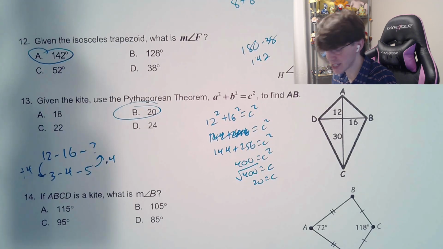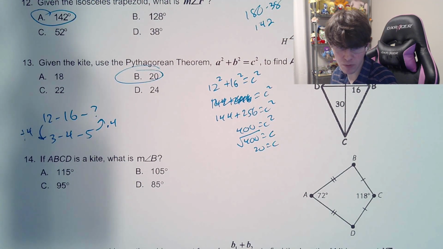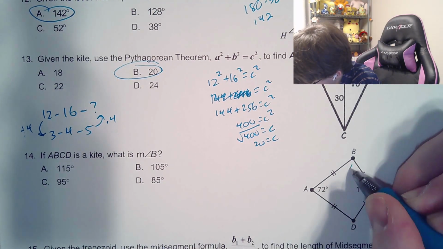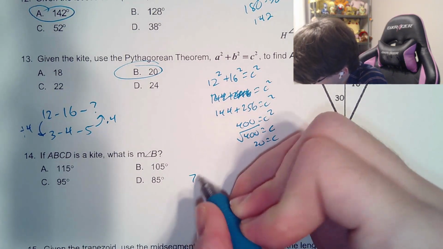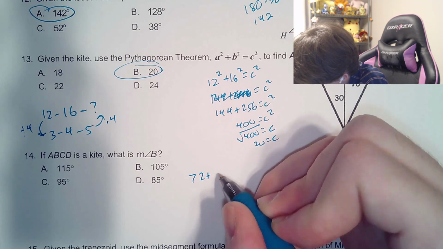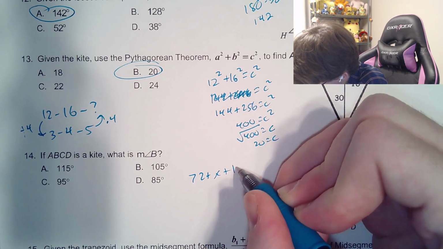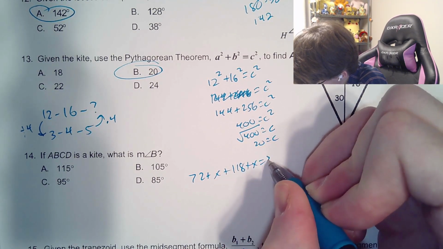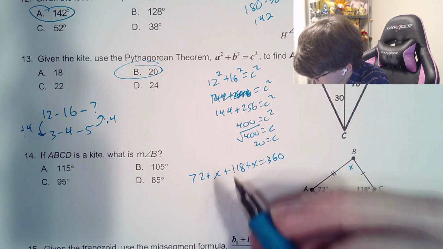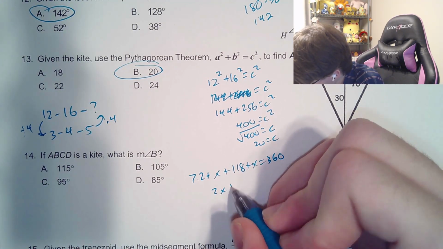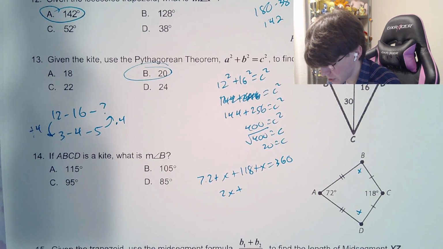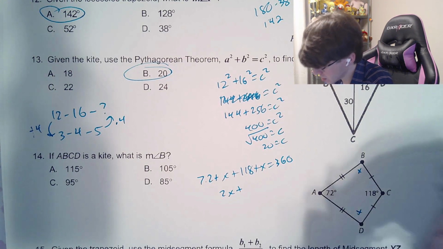If ABCD is a kite, what is the measure of angle B? So just like before, we had an x here, we had an x here. Setting up that equation, we got 72 plus x plus 118 plus x is equal to 360. x and x is 2x, 72 and 118. What is that, 190? I'm going to double check. My brain is not operable here at the end of this thing.